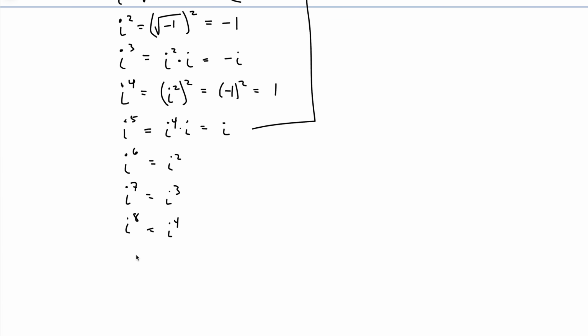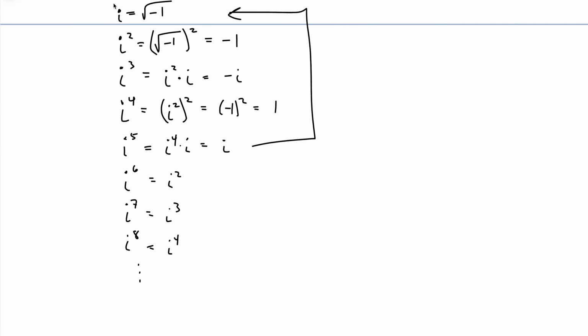And if you continued this up to some higher power, you are just going to figure out how this reduces to the first 4 starting ones. Because if you know i squared, i cubed, i to the 4, then you can figure out something with a way higher power. Basically, I would figure out how many times 4 goes into the exponent.